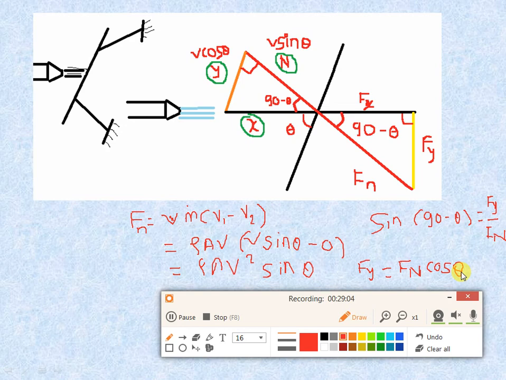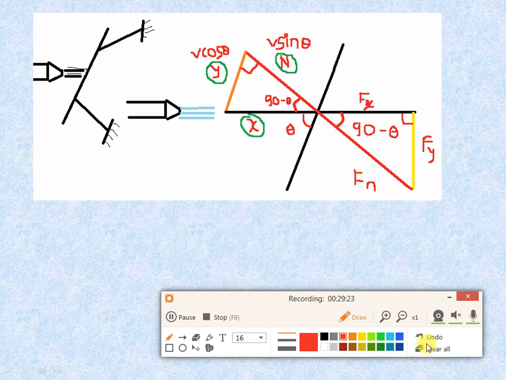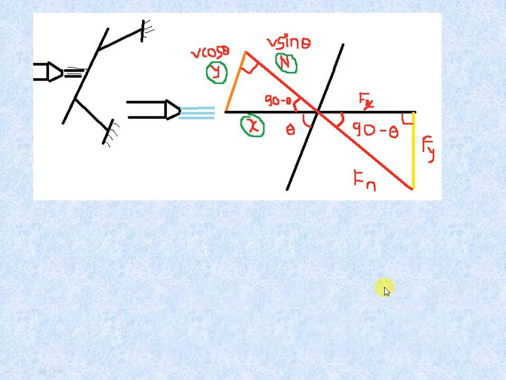So Fy is equal to Fn cos theta, and we have the Fn value. Fn value is rho a v square sin theta, so we will get the Fy value. Similarly, apply cos 90 minus theta. Cos 90 minus theta is Fx upon Fn. So by using this, we can calculate the Fx and Fy values.